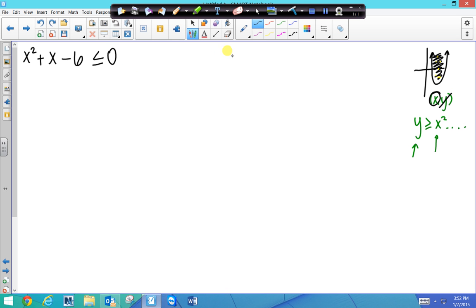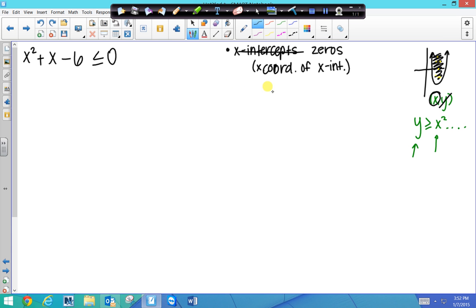The way that we're going to do this is we're going to find the x-intercepts, but we only want the x-coordinate of it. So instead of the x-intercepts, that's called the zeros. It's just the x-coordinate of the x-intercepts. And that's where we're going to start.